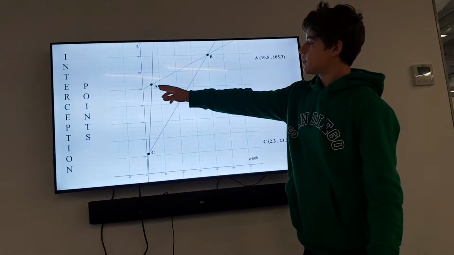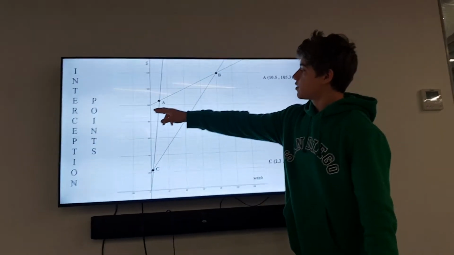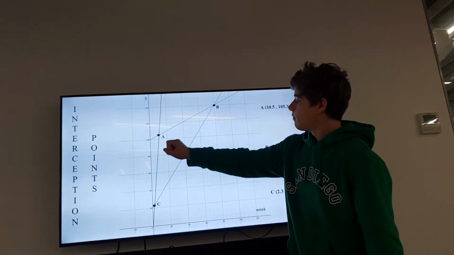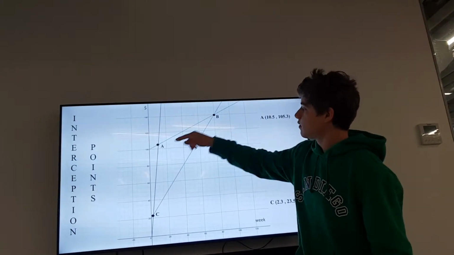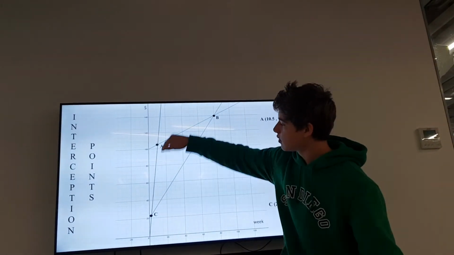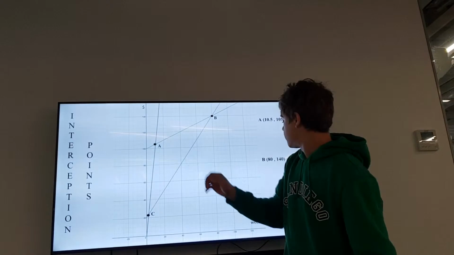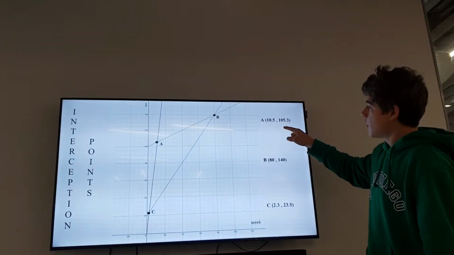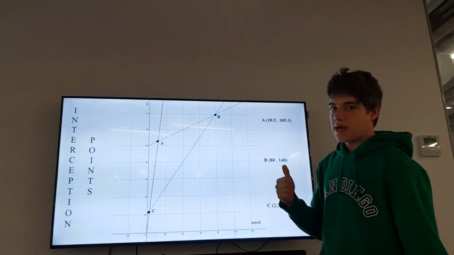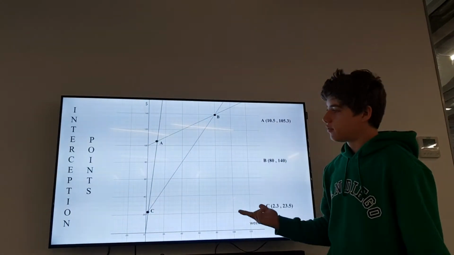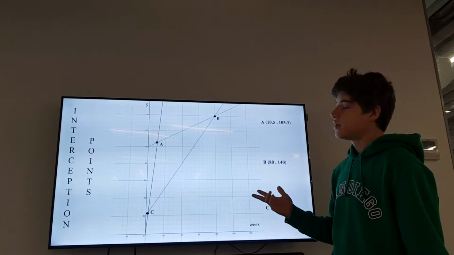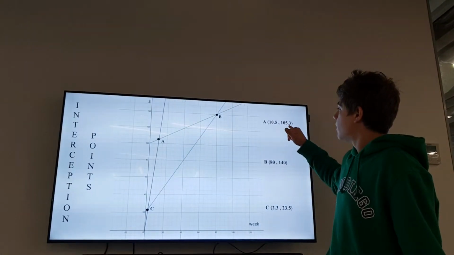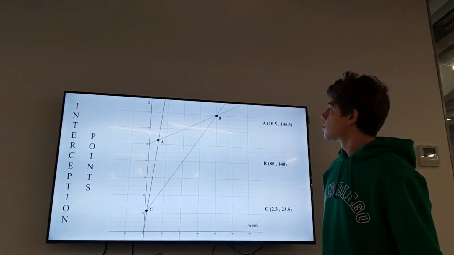It represents the intersection between the black line and the green line, filter 1 and the water bottles. So at 10.5 weeks, the cost to buy water bottles or filter 1 will be the same, $105.3.